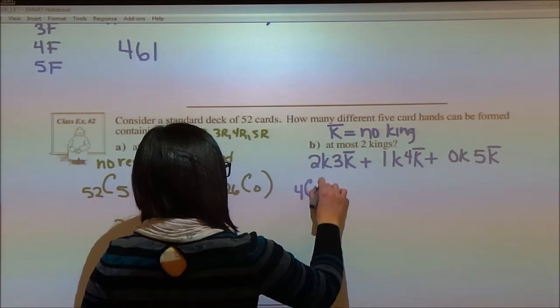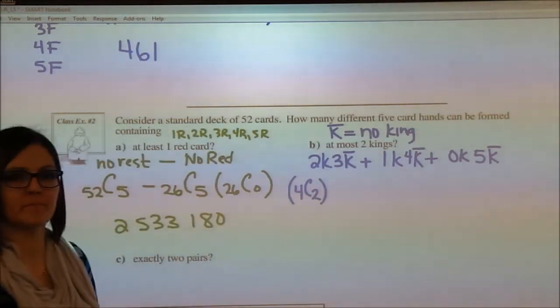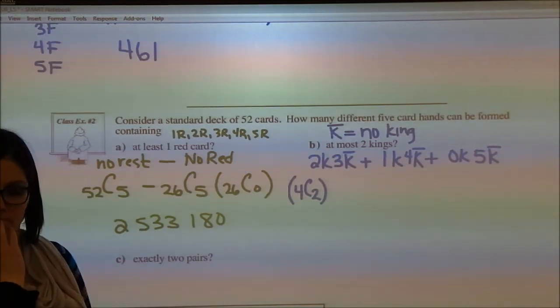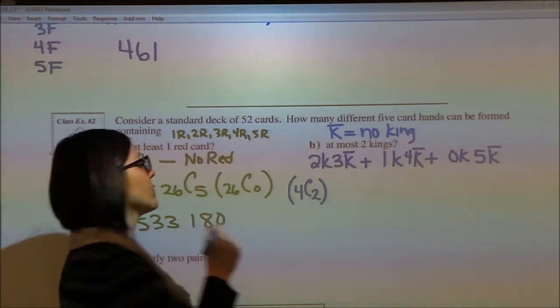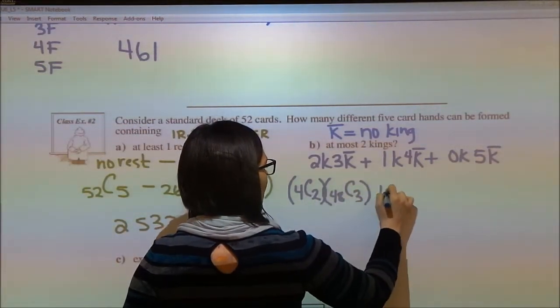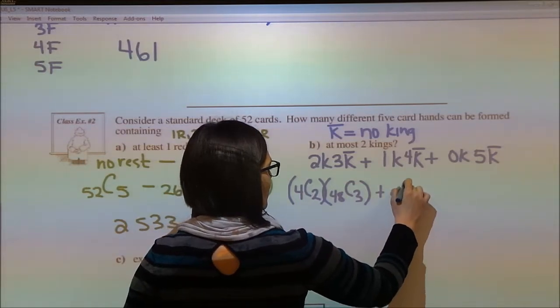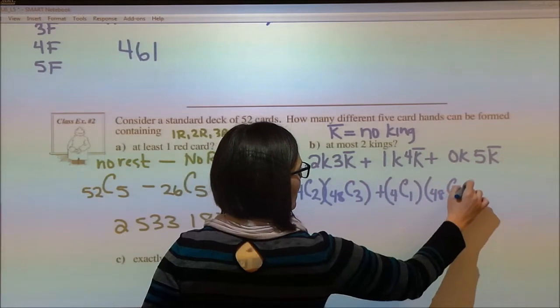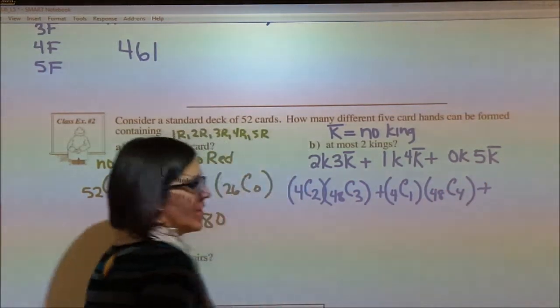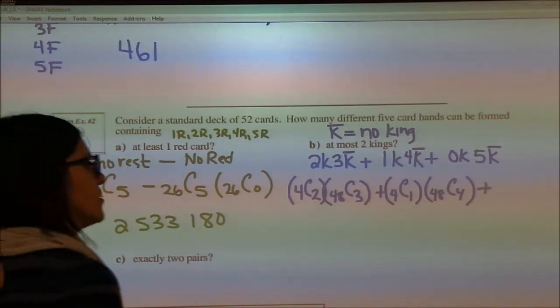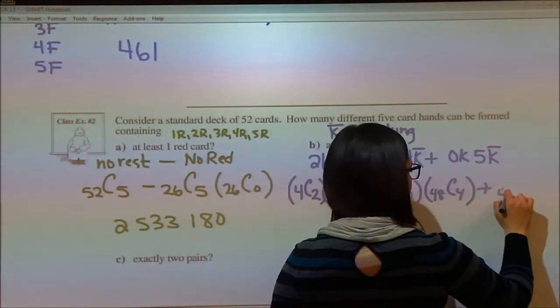And 3 other cards? 48C3. And I get plus 4C1, and now it'd be 48C4. And then the last one, I don't even need to do the 4C0, I can just do the 48C5.